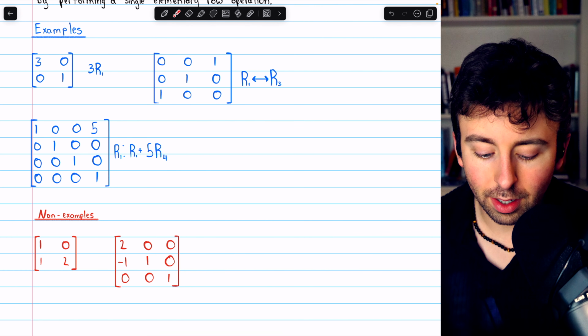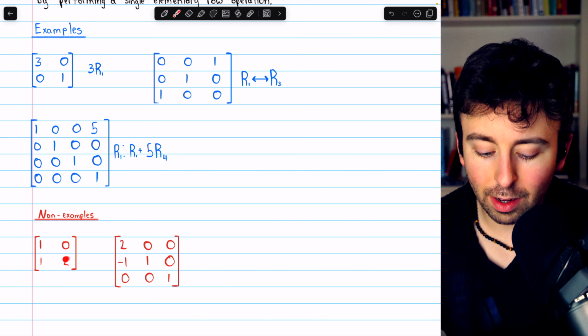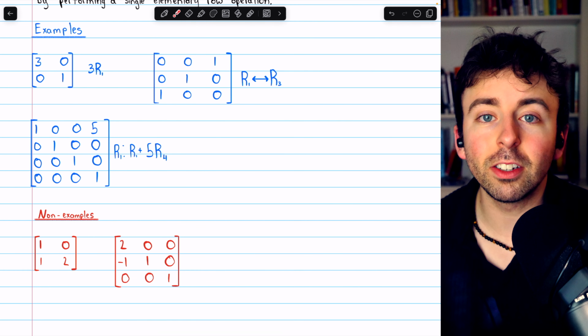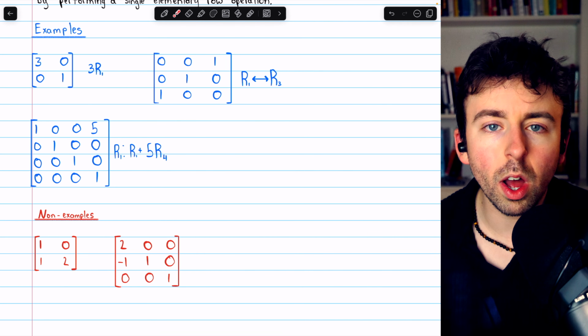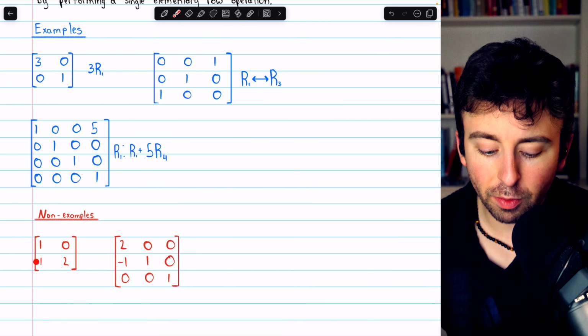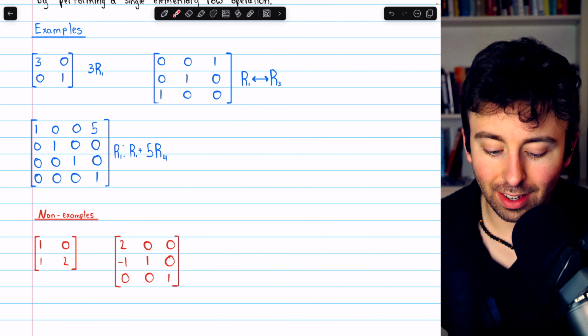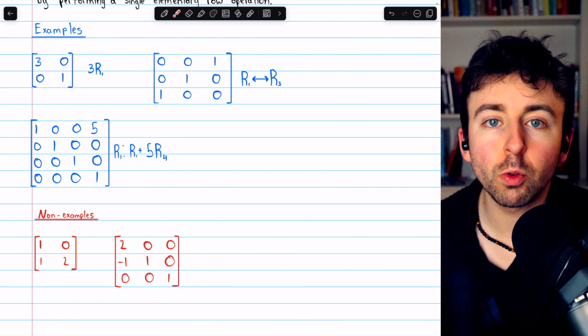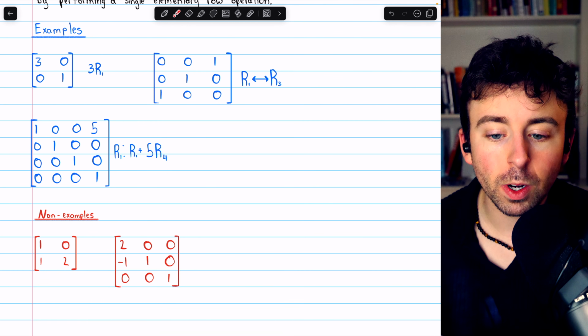We see that since there is an entry of 2 here, the second row must have been multiplied by 2. But also, the first entry in the second row is a 1, which means row 1 must have been added to row 2 to produce this matrix. This is the result of 2 elementary row operations on the identity, so it's not elementary.